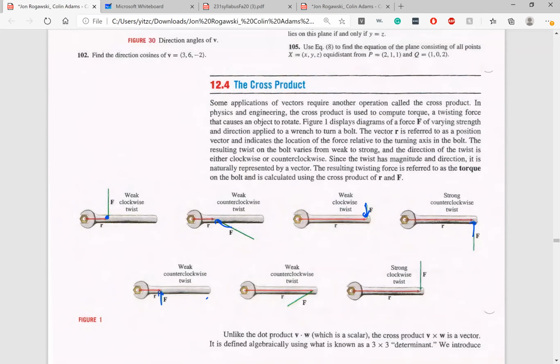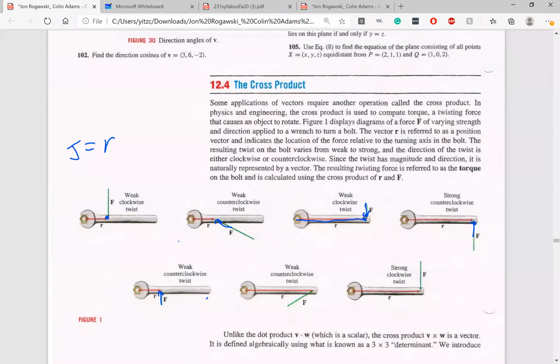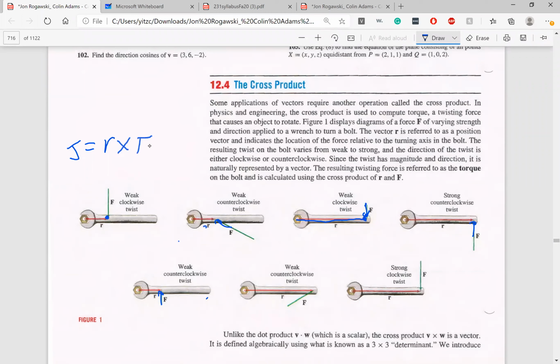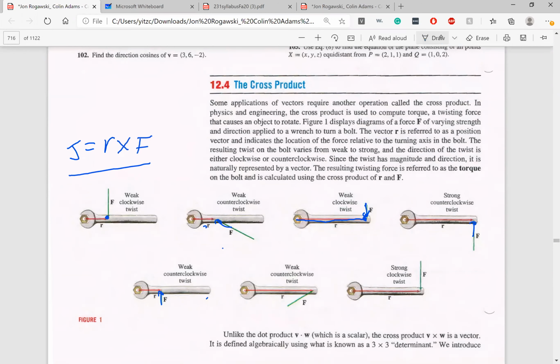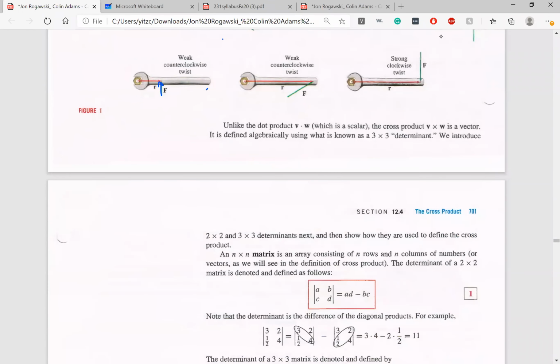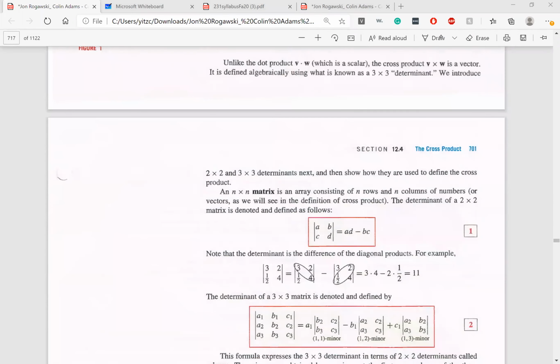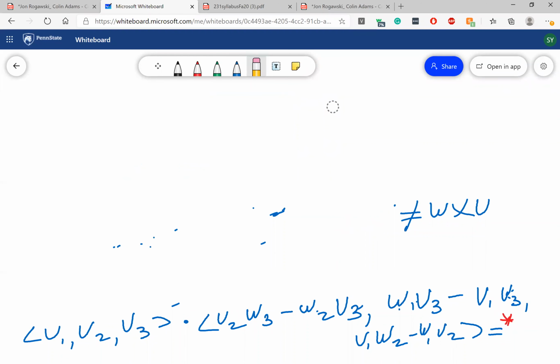And if you want to know the torque, it's going to be equal to r, the distance from the point where the force is being applied, cross F. That's going to be your torque. So that's in physics a fairly important use of the cross product. But the intuition behind it, let's first talk about why the cross product is useful.